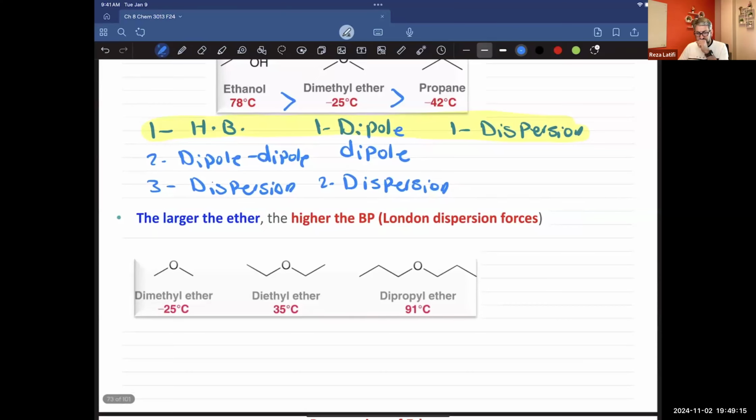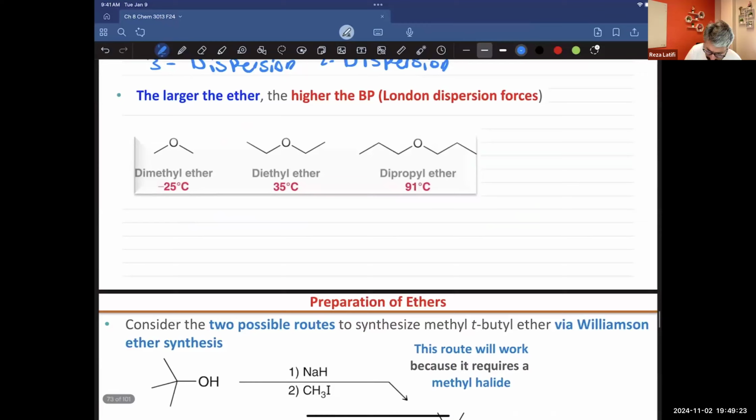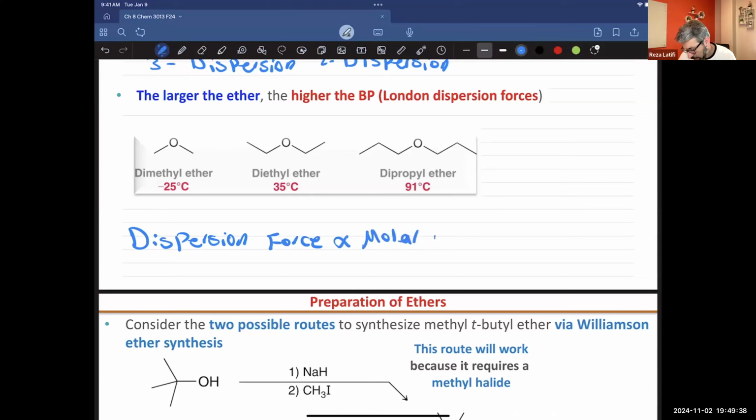As we increase the size of the particles, the boiling temperature will go up. Why? Because the dispersion force, or the intermolecular forces, is subject to molar mass.